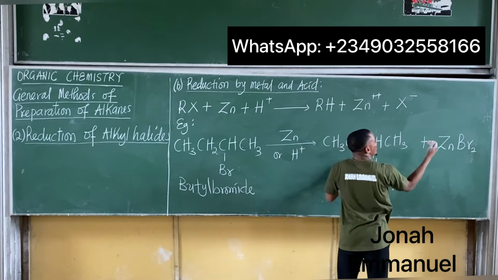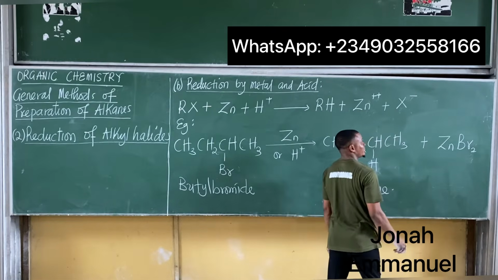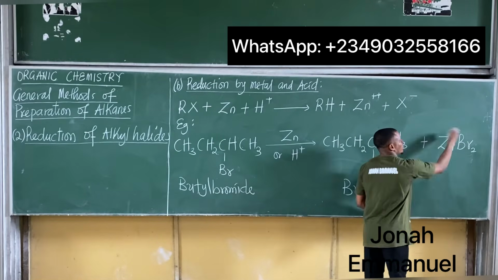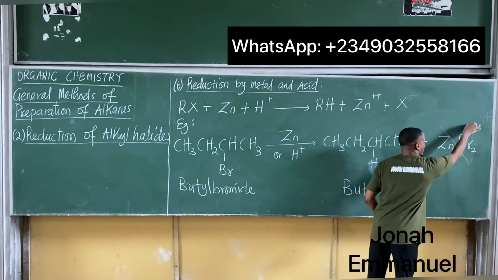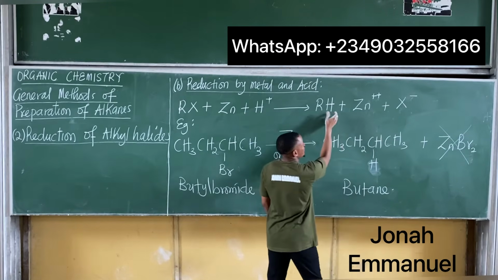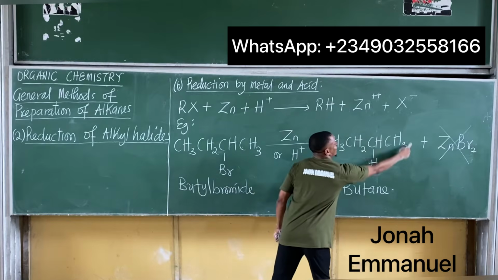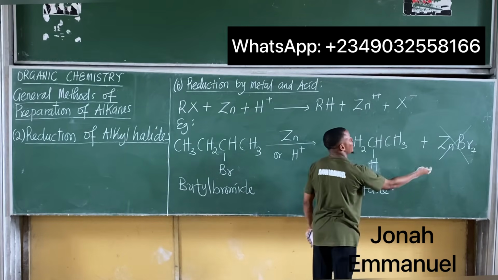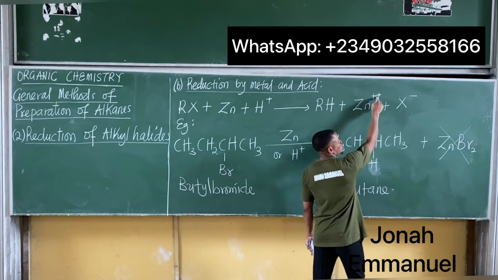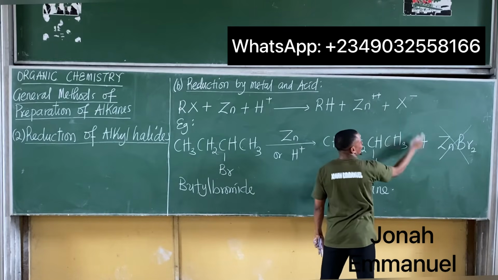Positive and negative attract to form a compound, which is this. We don't need this one here, so I left it out. Aside from my alkane, there will be another compound, which is Zn2+ and the halogen minus to form this one here.